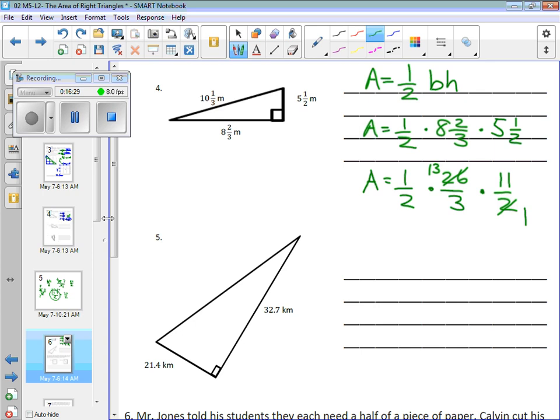We still have to do 13 times 11. 2 times 3 times 1 is 6. But what about 13 times 11? Everybody do that? I'll call on you.